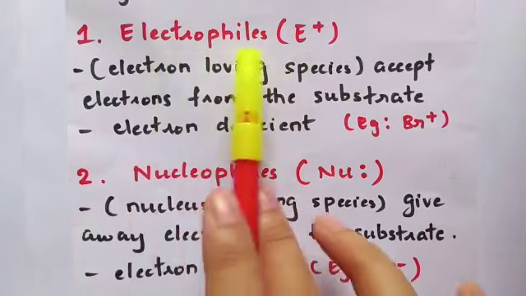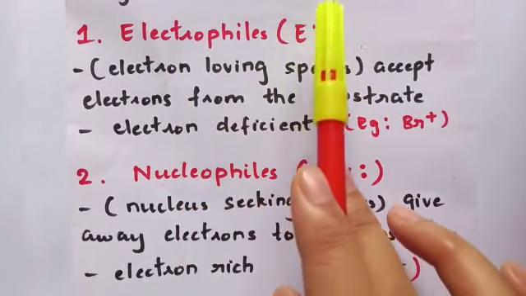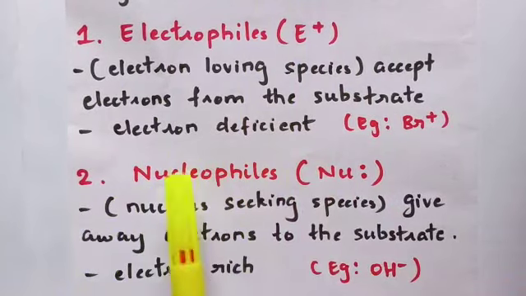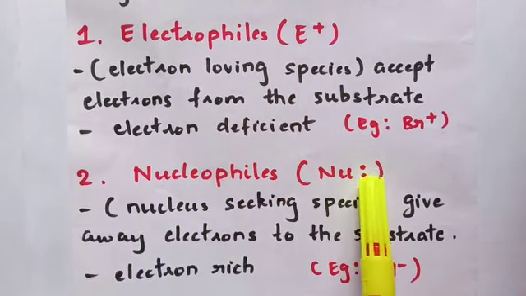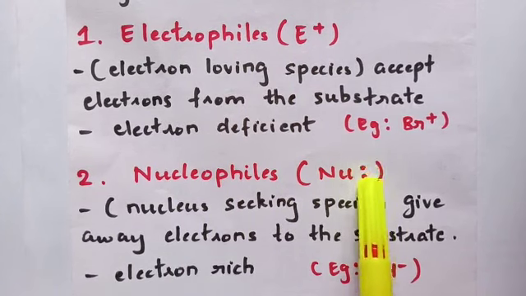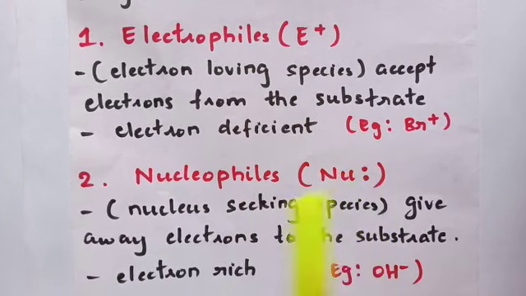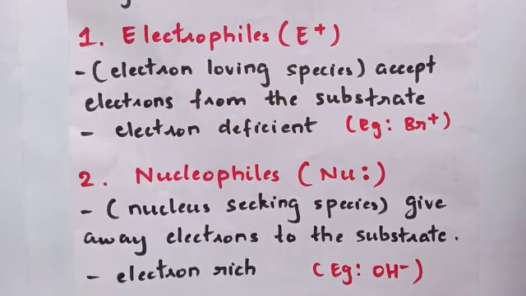Electrophiles are generally written as E with a positive sign, and nucleophile is Nu with two dots, indicating a pair of electrons. The two dots are nothing but a pair of electrons. So what are electrophiles, students? Why are there two types of reagents? Depending upon their ability to accept or donate electrons from or to the substrate, reagents are classified.